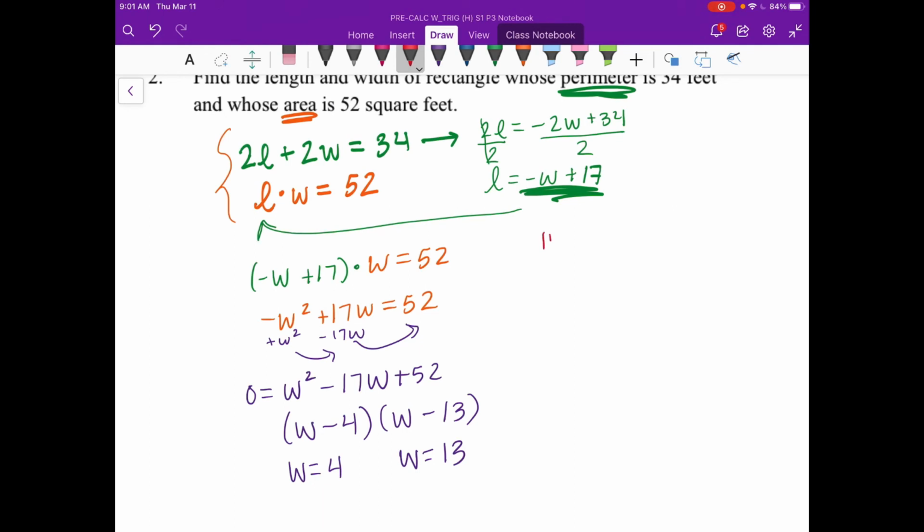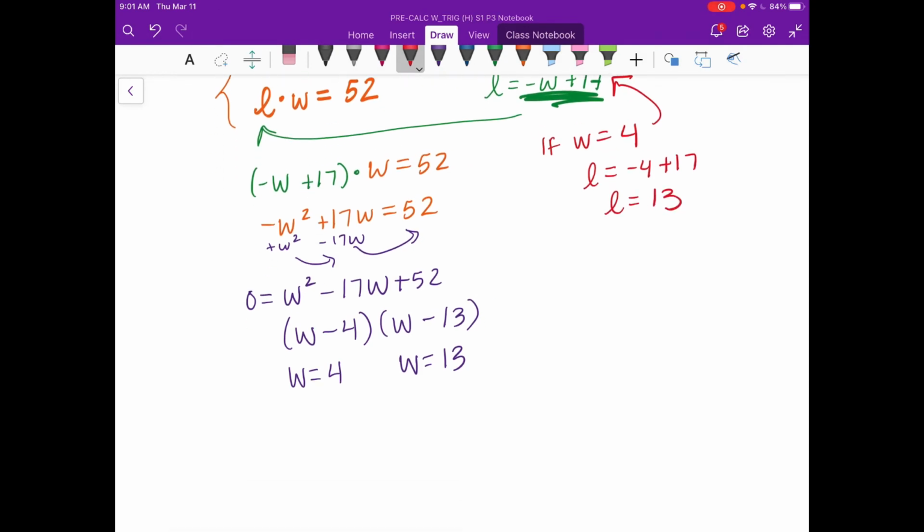So if W equals 4, and I'm substituting into this one, I would say that L is negative 4 plus 17, so my length would be 13. So I could have a width of 4 and length of 13. That's one option.